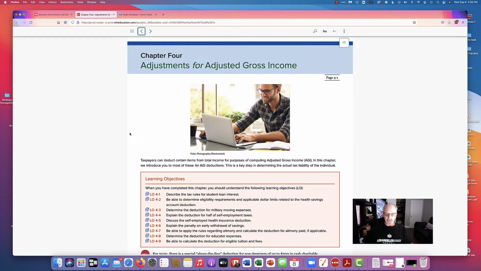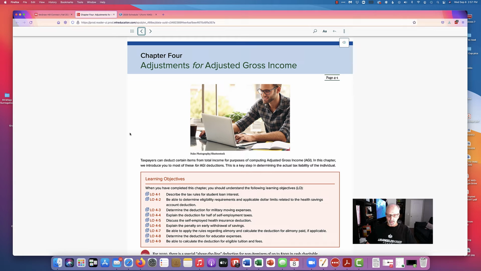Beginning in 2019, according to that act, alimony is no longer deductible by the payer spouse nor reportable as income by the recipient spouse. This rule only applies to divorce or separation agreements executed after December 31st, 2018, and also affects those agreements executed on or before December 31st, 2018, but modified after that date.